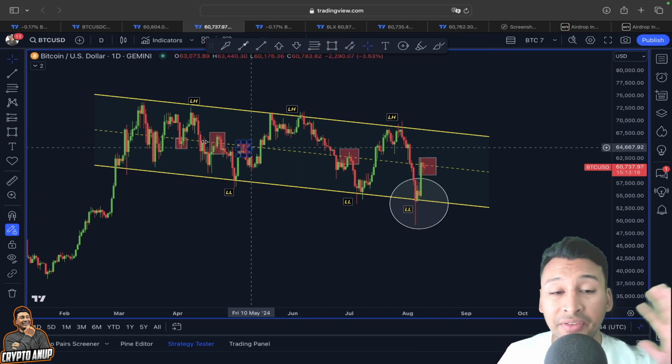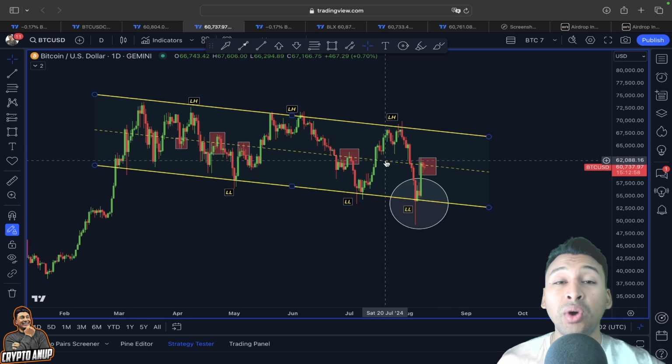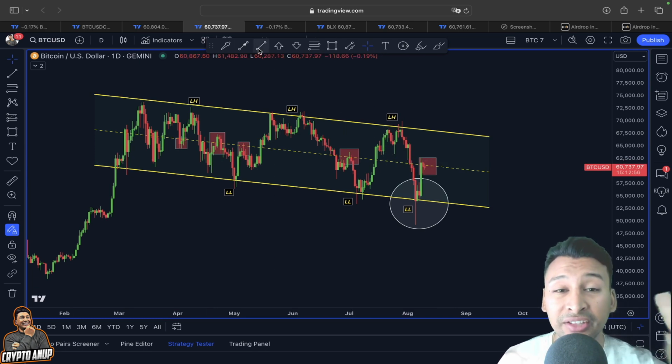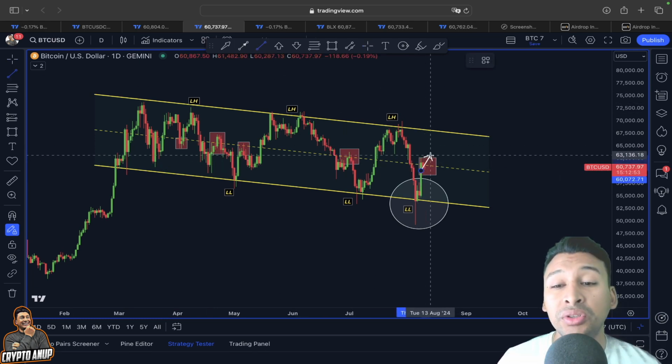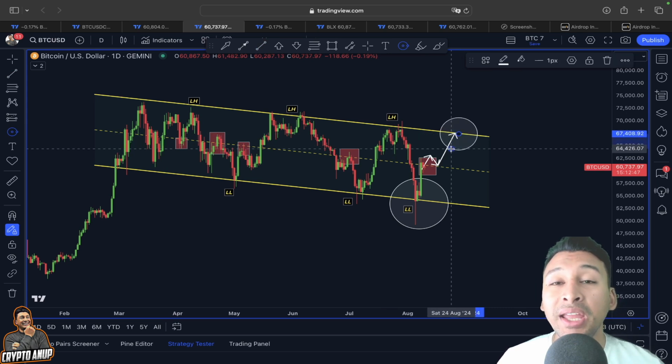So you can see even this central line or the middle line right now is holding the price of Bitcoin below 63,000. But as soon as this trend line gets broken, you can see according to this continuation pattern, the upper trend line is where we could be getting attracted.